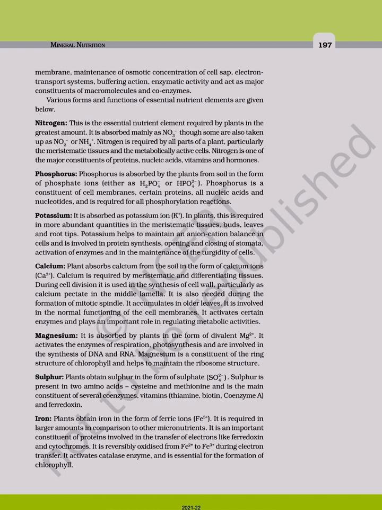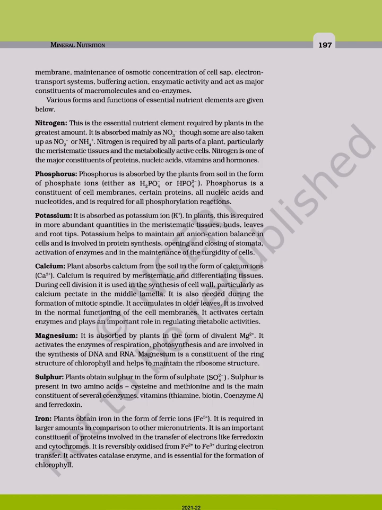Magnesium. It is absorbed by plants in the form of divalent Mg²⁺. It activates the enzymes of respiration, photosynthesis, and is involved in the synthesis of DNA and RNA. Magnesium is a constituent of the ring structure of chlorophyll and helps to maintain the ribosome structure.